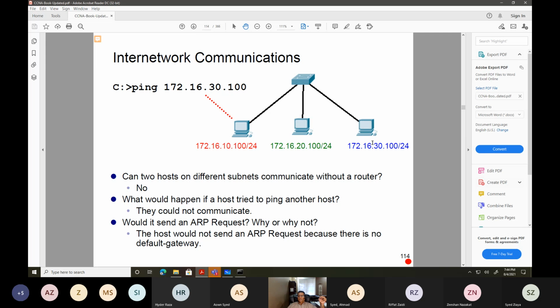So ping is a tool we use in order to make sure the other end is alive or not, or connected or not. Telnet we use, ping we use, traceroute we use, all these different features we use in order to make sure how we get to the destination. If ping is there, it means that the connection is there.